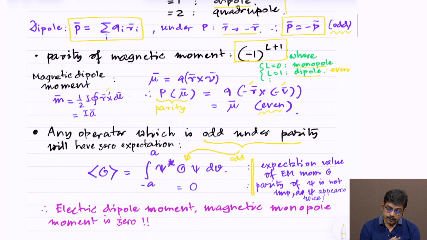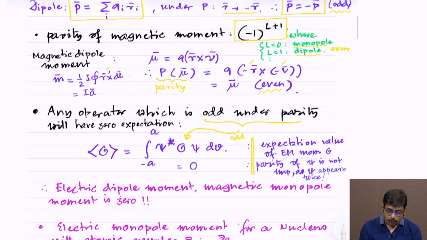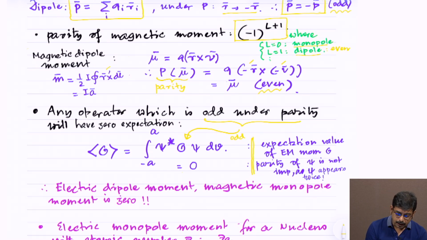Now, there is also an important point about why parity is important for any electrical or magnetic moments that we are trying to identify for different fundamental particles or materials. Quantum mechanically, what we do is find the expectation value. What is the definition of the expectation value? This is psi star O psi. So, for any operator or observable, its expectation value is defined by psi star O psi integrated over a volume dV, and this integral extends from minus a to plus a.